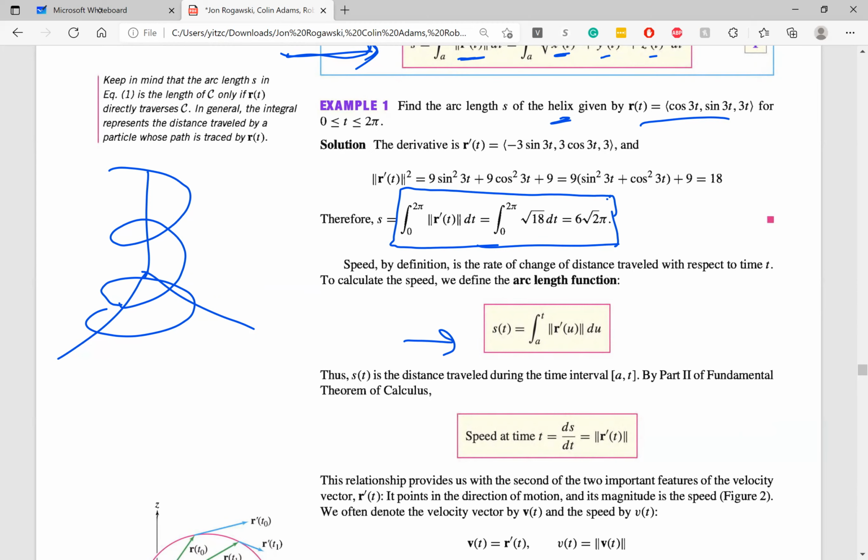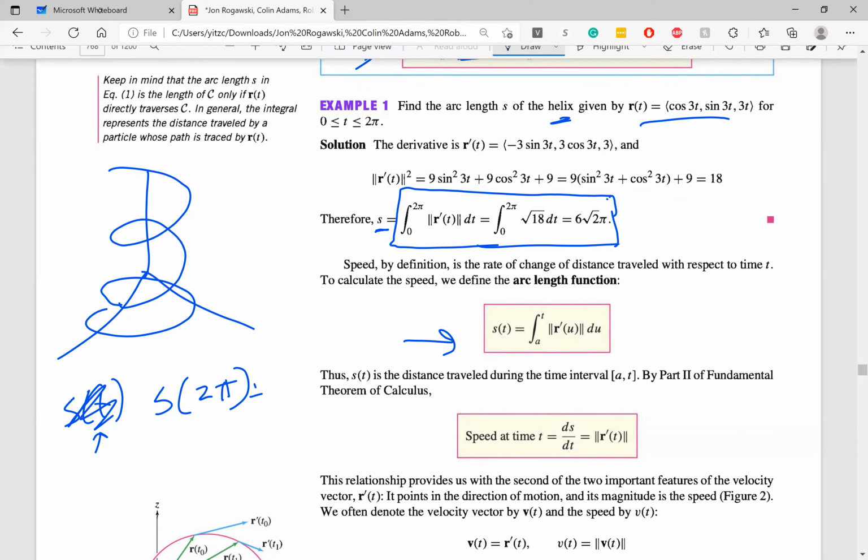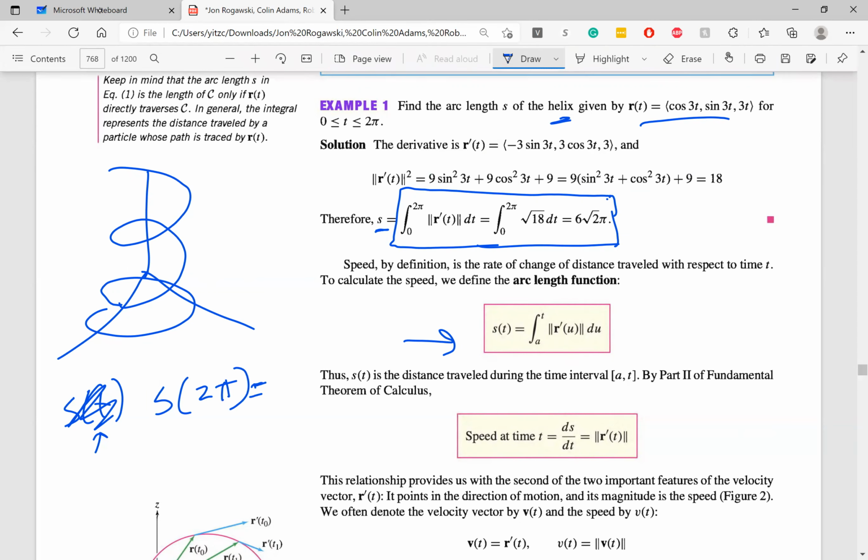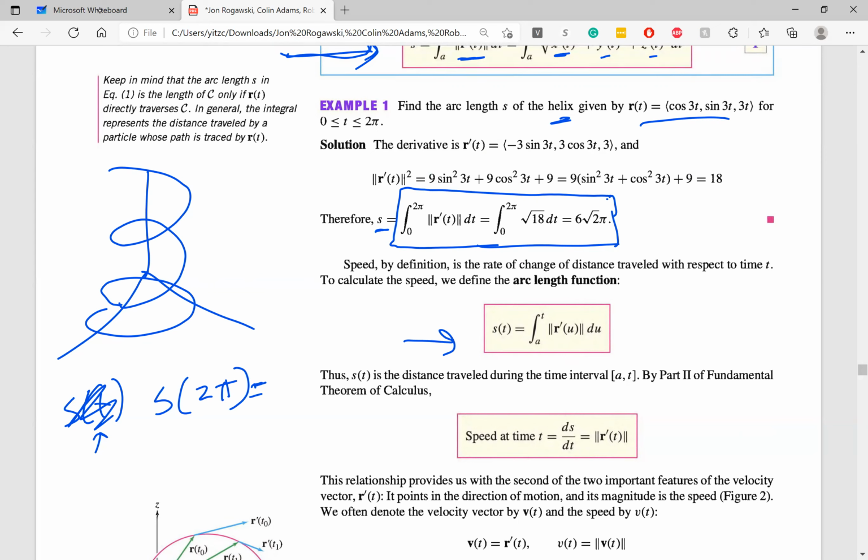So we go from A to T. So it's a function that you plug in T, and it tells you what your arc length is up until that T. So it's given in terms of S of T. So you can plug in some T, and this will spit out the arc length up until that T. So for example, in this case, it would be asking for S of 2 pi, right? And we got that S of 2 pi was 6 times the square root of 2 pi.